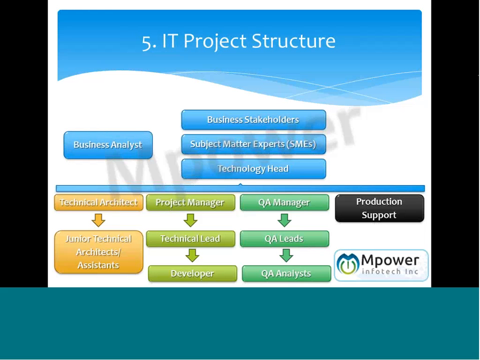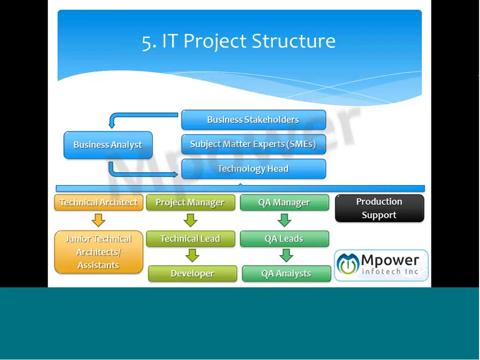Now here, the role of a business analyst comes into the picture. A business analyst acts as a liaison between the business stakeholders and the technology team. A business analyst is responsible for understanding the business needs, talking to the business users, and documenting the requirements.